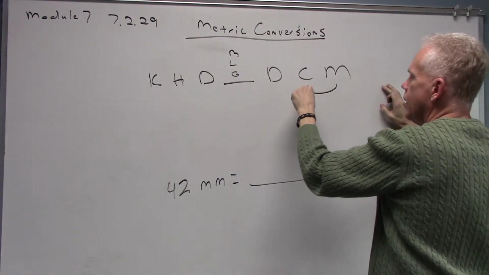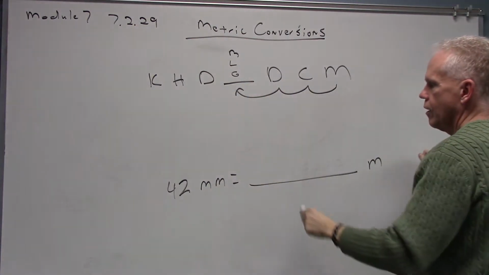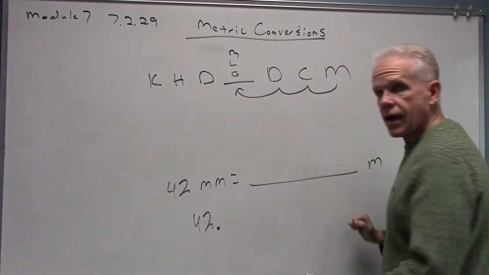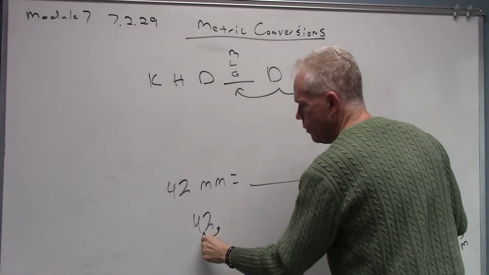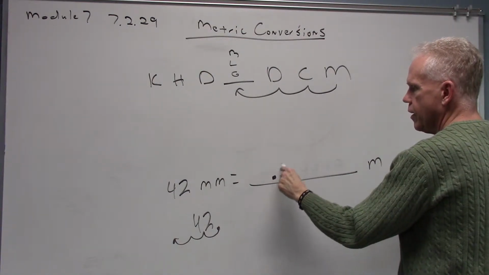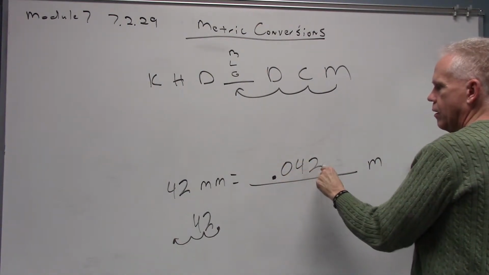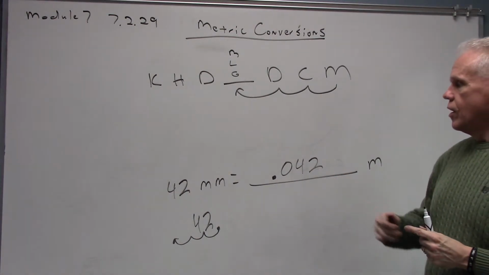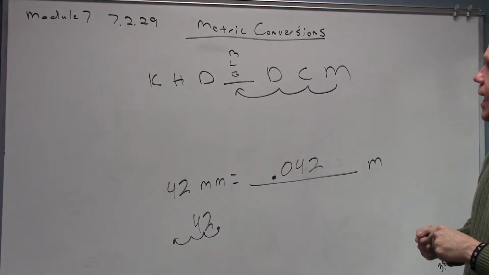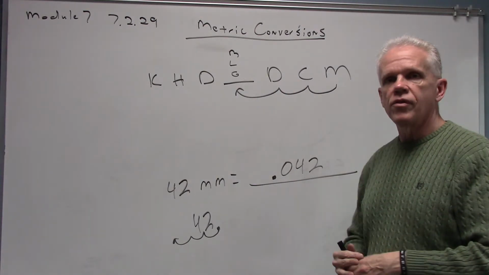And so I'm coming 1, 2, 3 to the left. So I'll take my 42, decimal right back behind the number, remember. 1, 2, 3 to the left. I'm going to put a placeholder 0 there. And so 42 millimeters is 42 thousandths of a meter. And so I can get me a quick chart, make my movements, and I'm ready to go.